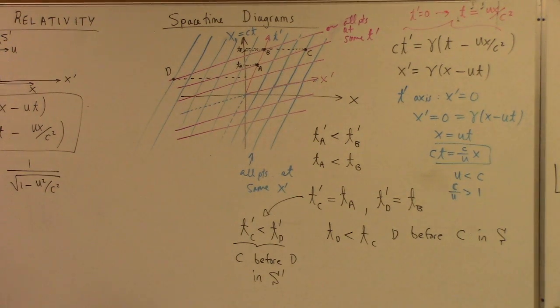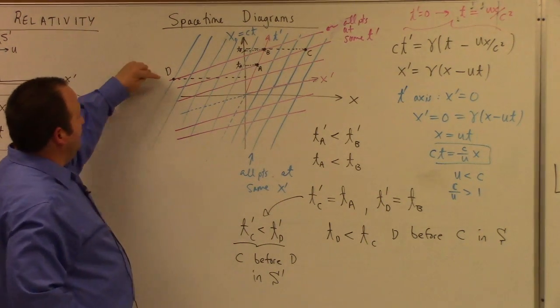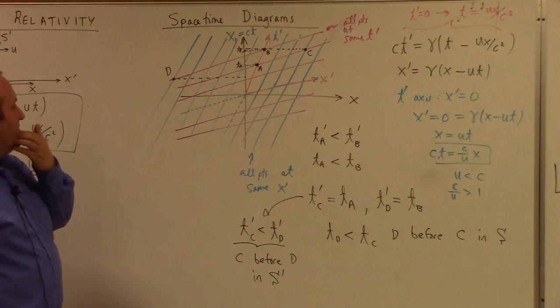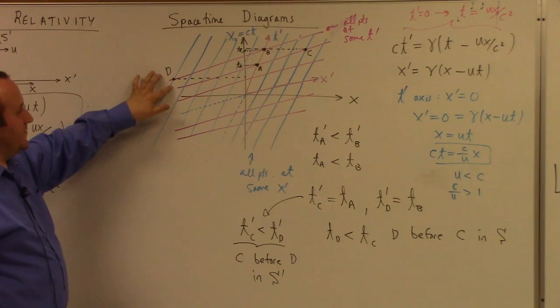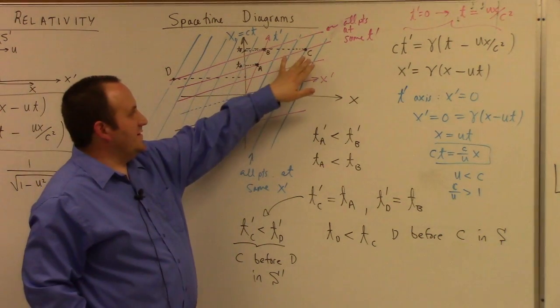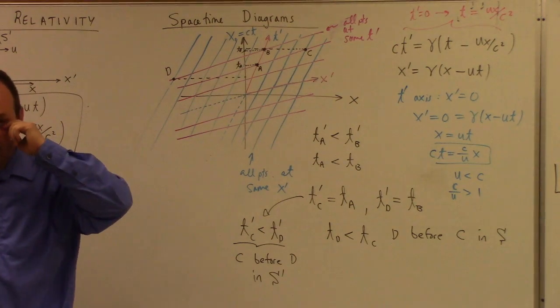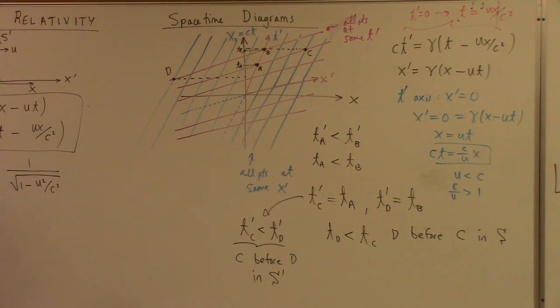So this could be very troubling, right? Let's say D is the event of your grandmother being born, and C is the event of you being born. This is very troubling because in one frame of reference you're born before your grandmother, and in the other frame of reference your grandmother's born before you.